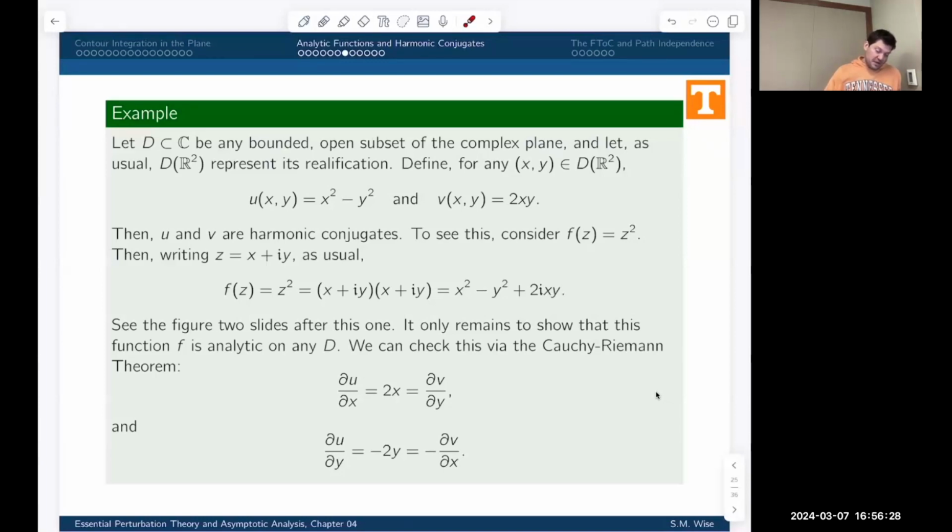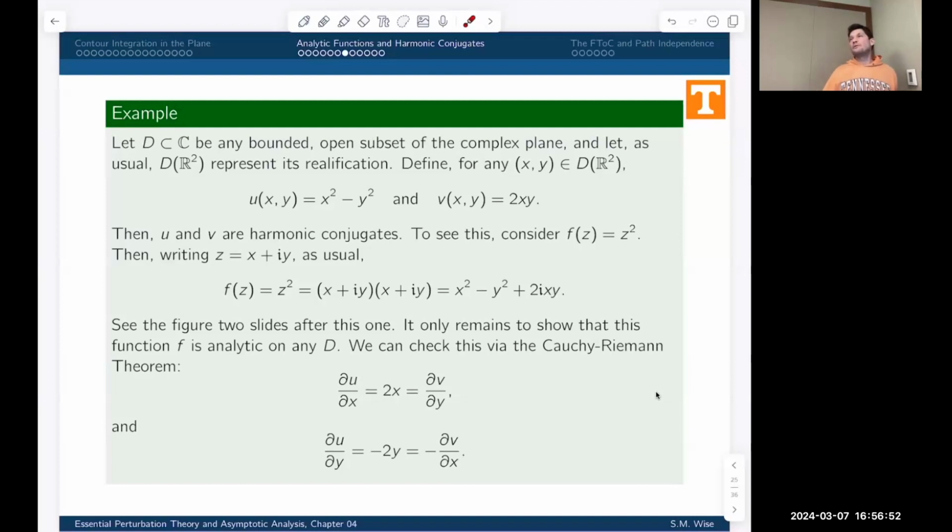It only remains to check that this function is analytic on D. So here's how we can check that it's analytic. We can check this via the Cauchy-Riemann theorem. If you check at any point, du/dx is equal to 2x, and that's equal to dv/dy. If you don't want to prove that it's analytic by taking a derivative, this is the easy way, okay?